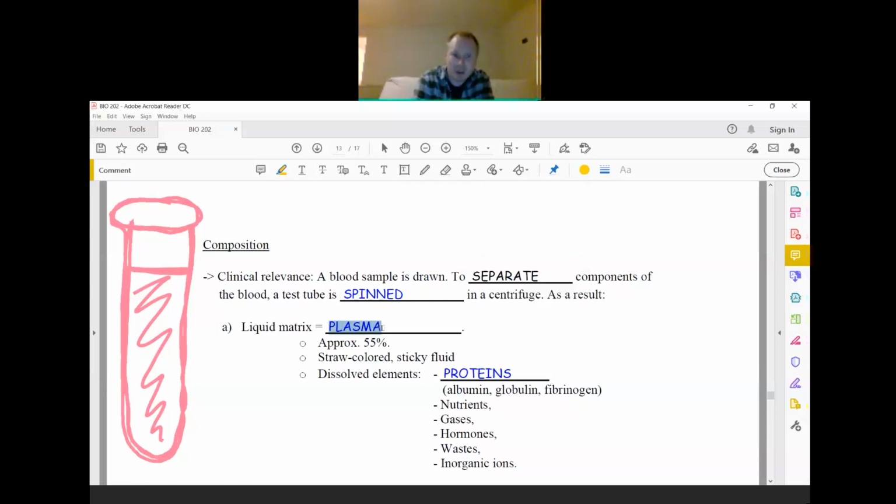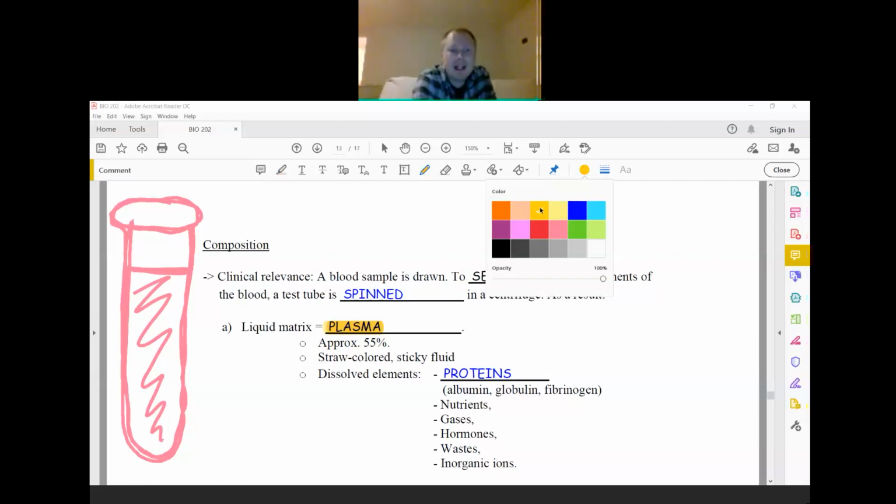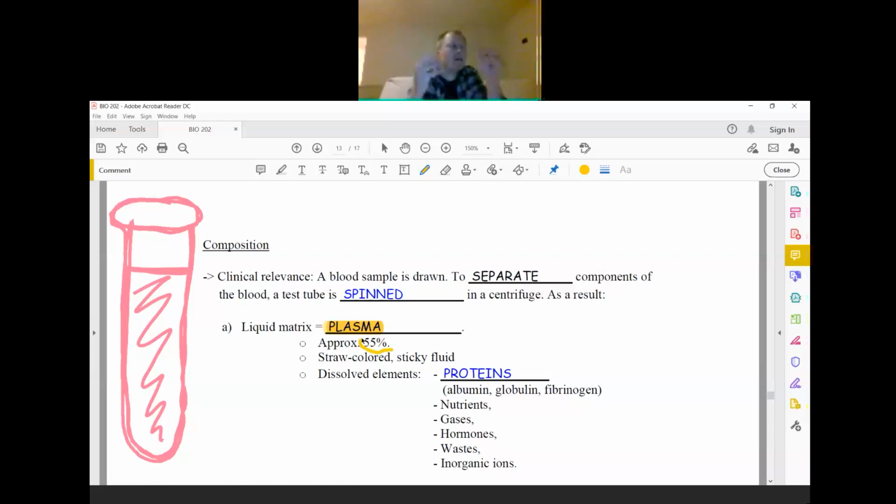And most of the blood, about 55% of the volume of the blood, is going to be plasma. So you might have seen plasma before. If you haven't, it's kind of this yellowish or straw-colored liquid. It's a little bit stickier, a little bit thicker than water in its consistency.